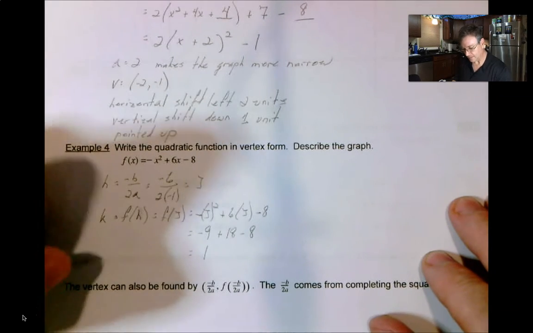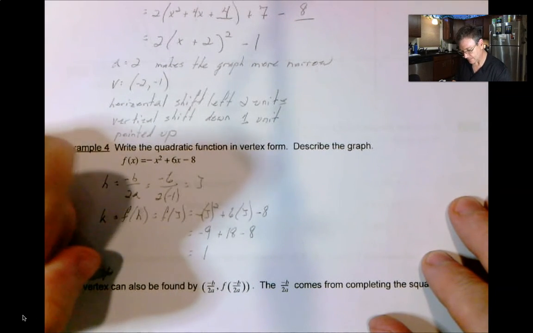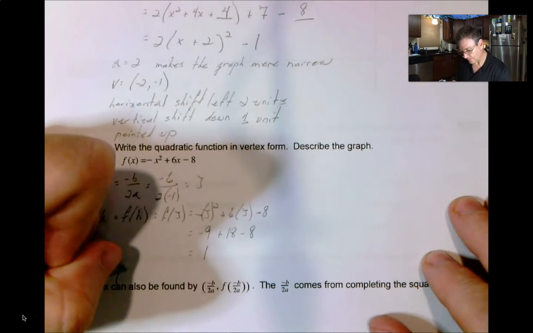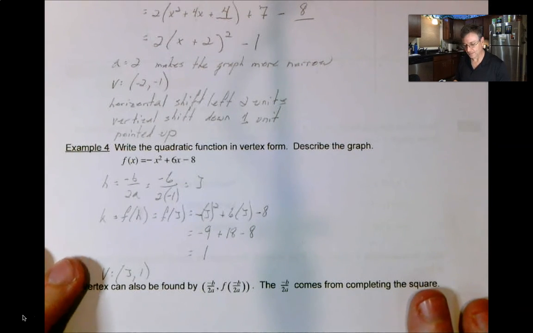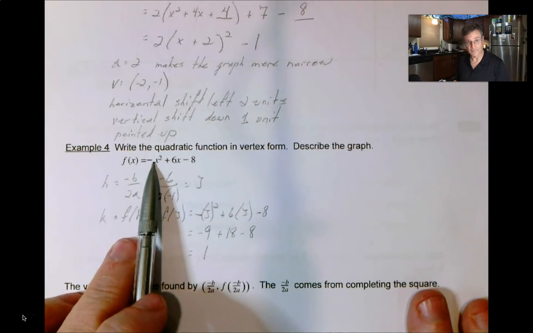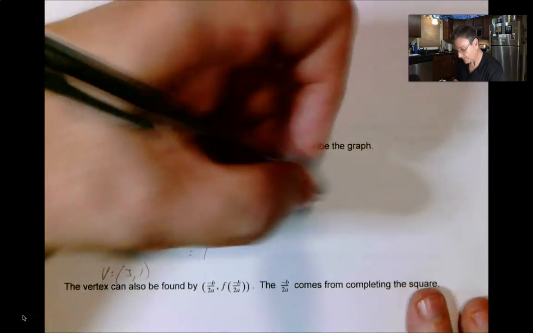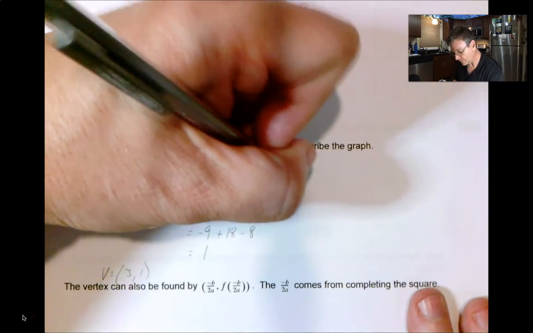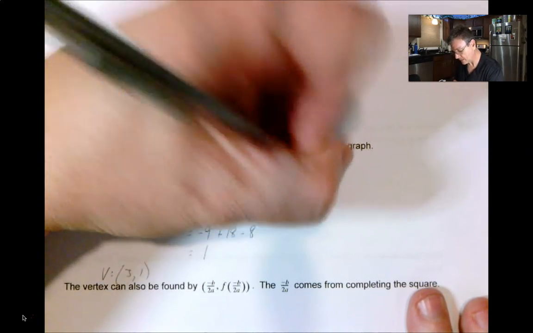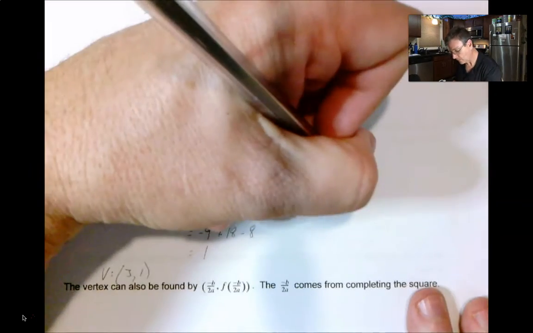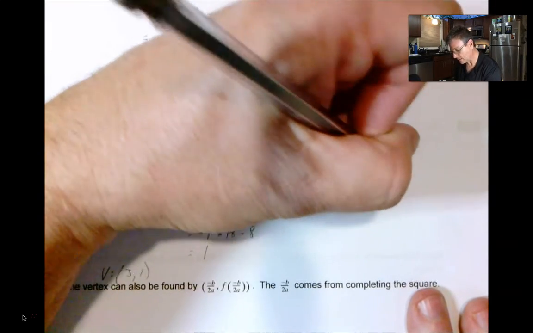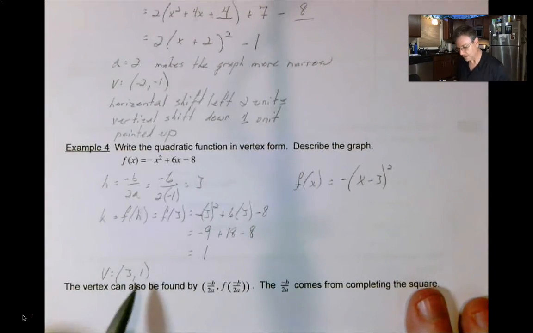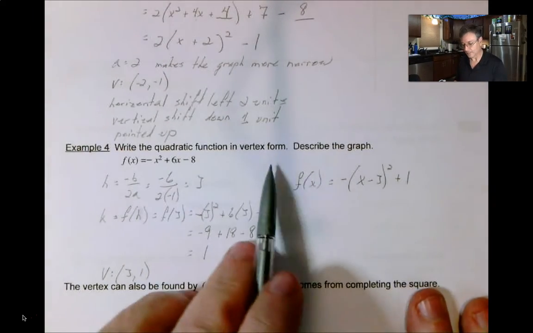So we have a vertex of (3, 1). And when we put that into vertex form, we already know that a is -1. Okay, so f of x equals -(x minus 3) squared plus 1. That is the vertex form.